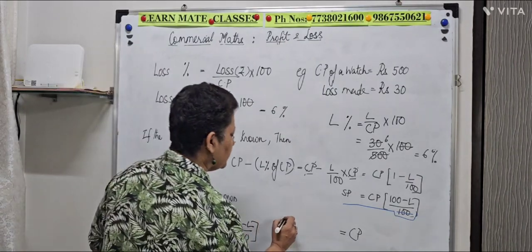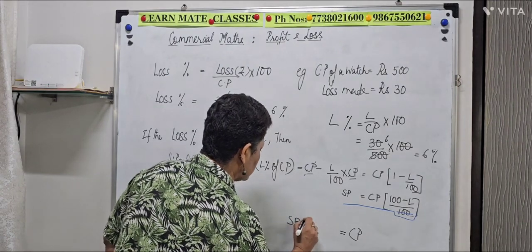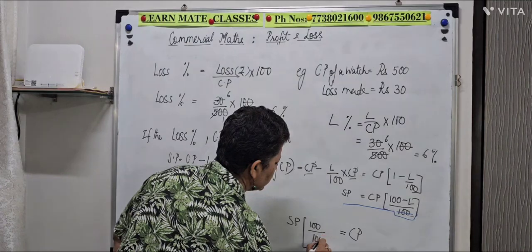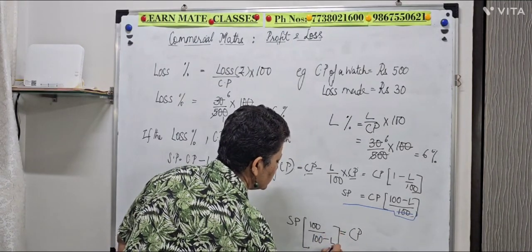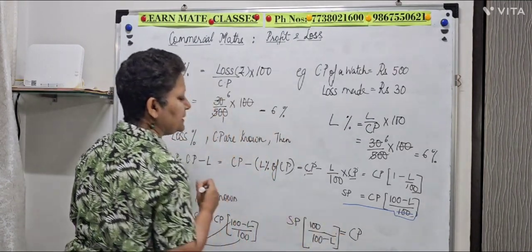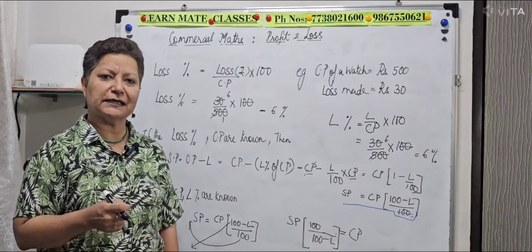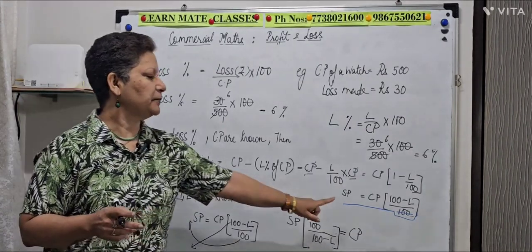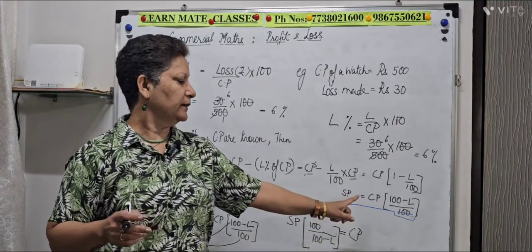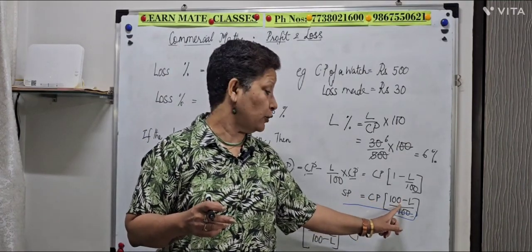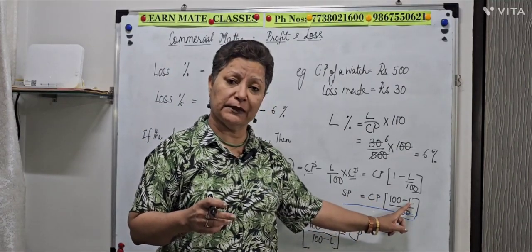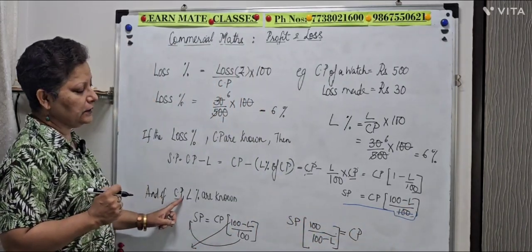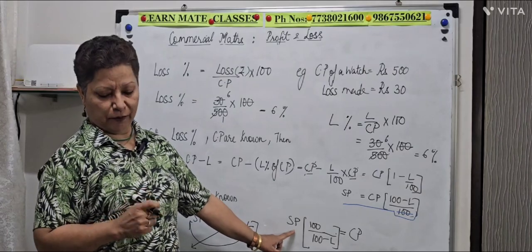So this becomes nothing but SP into 100 upon 100 minus loss. These are my formulas. If I know my loss percentage and my CP, my selling price can be calculated by the formula CP into 100 minus loss, with loss in terms of percentage, upon 100.